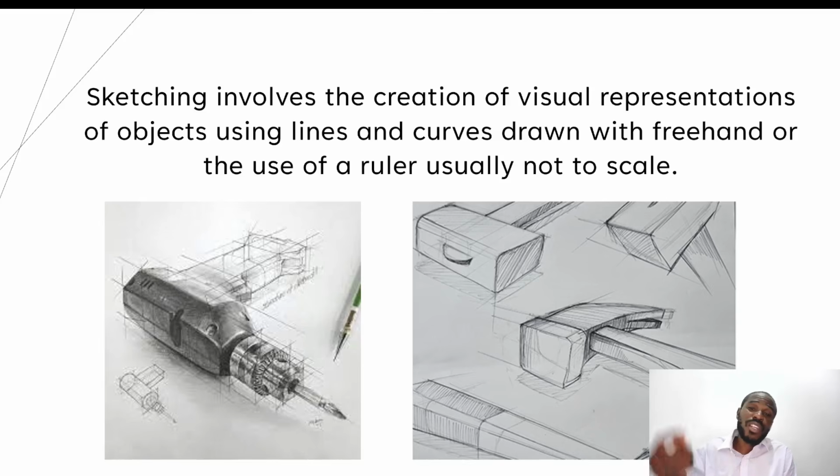So when you sketch, you can pick a pencil or a pen, and just with your free hand, you can create a visual representation of an object or something that you are thinking in your mind or something that you're seeing physically, right? Or you could use just your pencil and a ruler to ensure straightness of lines. But what you're drawing, you are not drawing to scale. That's what we call sketching.